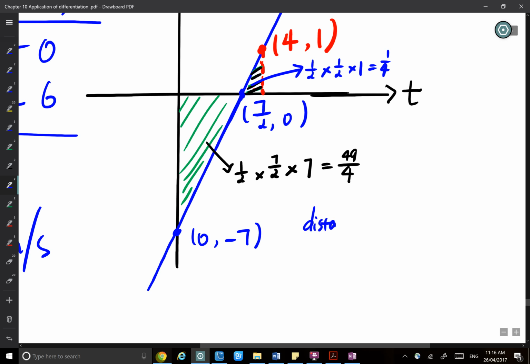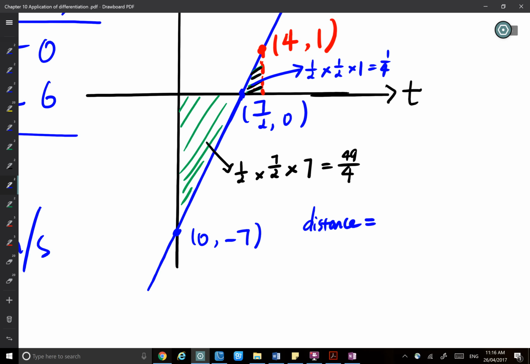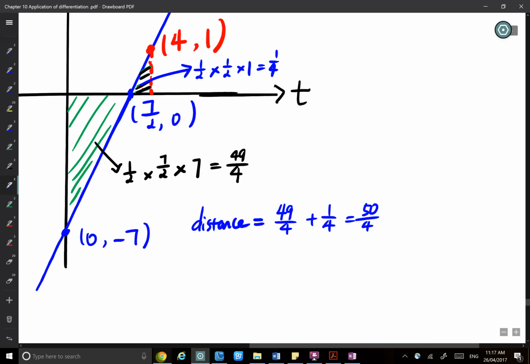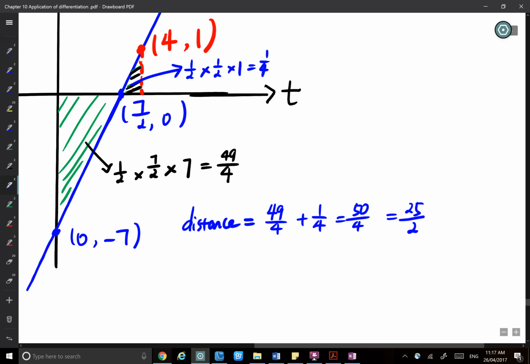Okay, distance is regardless of the sign. Don't worry about whether the curve is under the x-axis or above the x-axis. You just add them. 49 over 4 plus 1 over 4 gives you 50 over 4, that is 25 over 2. That's the distance from time 0 to 4 seconds.